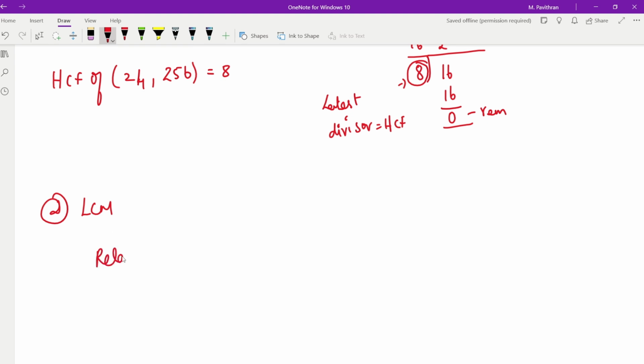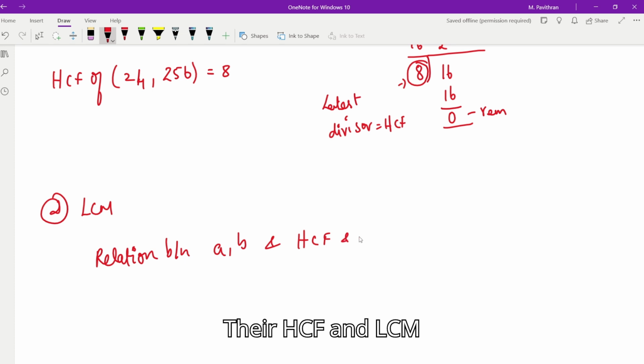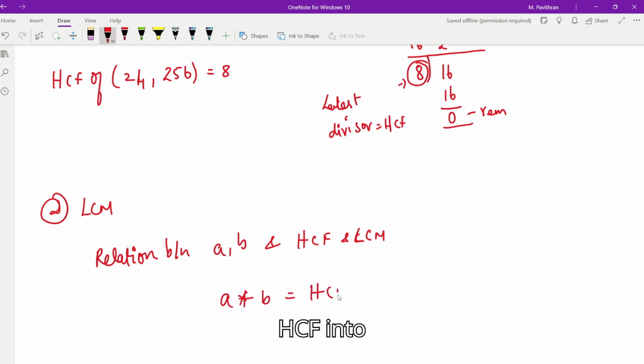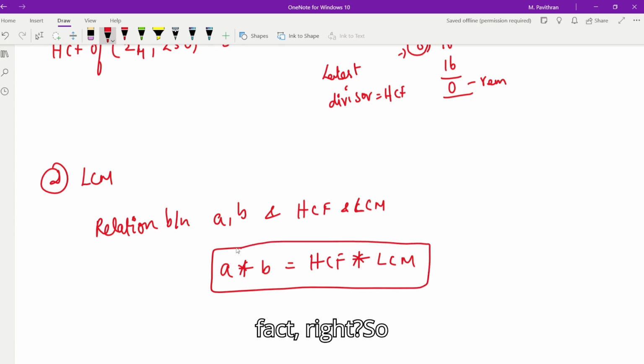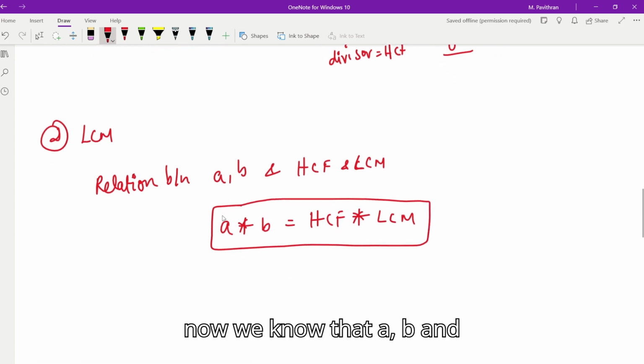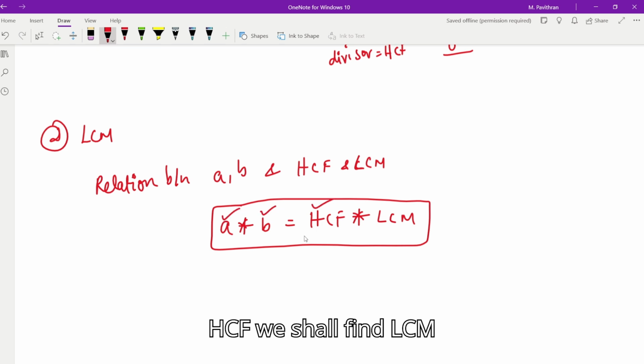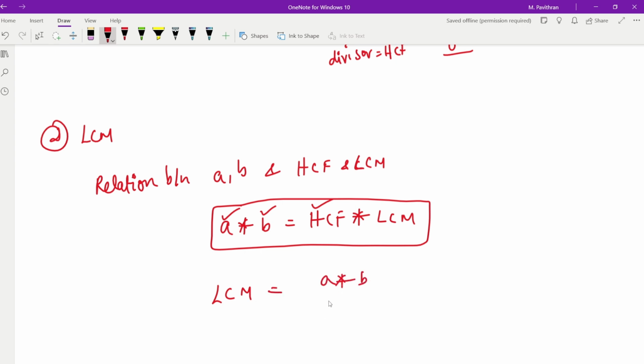Now the second concept is to find the LCM. The relation between A, B and their HCF and LCM is that A into B equals HCF into LCM, right? This is a fact, right? So now that we know A, B and HCF, we shall find LCM as A star B by HCF. What is A?